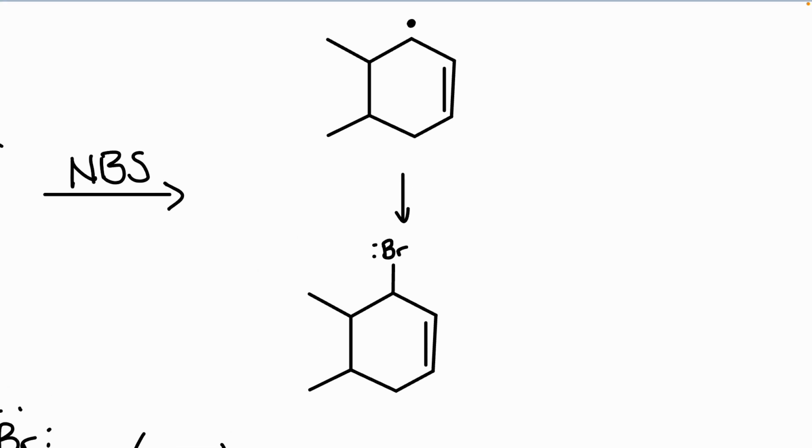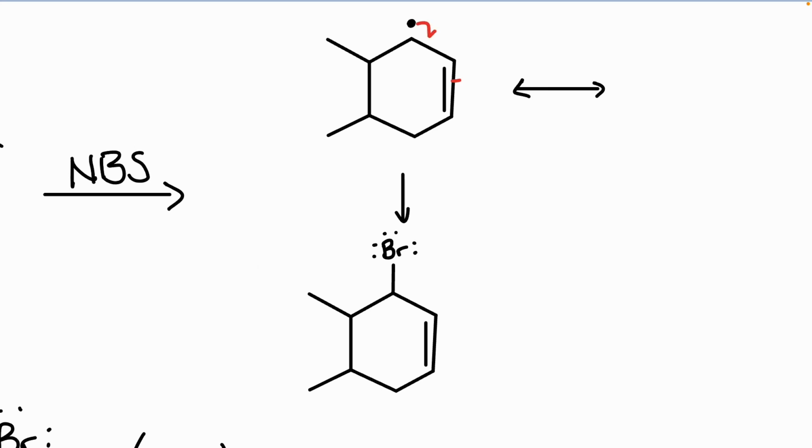Okay, what about the other allylic position? Would this have given me a distinct product? No, so in this case I don't have to worry about that, but I do still have to worry about the resonance of this allylic radical.